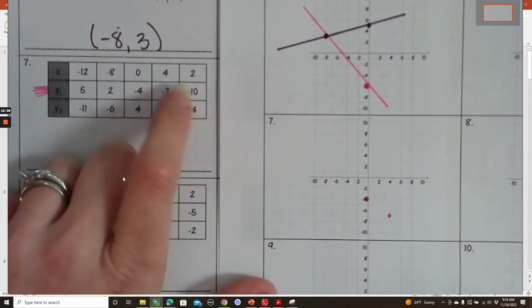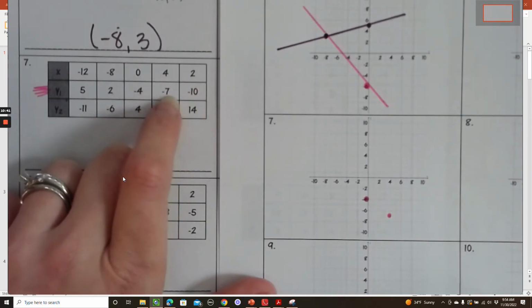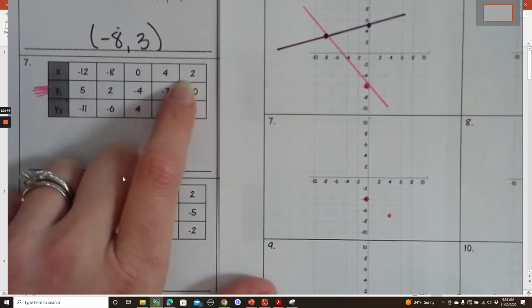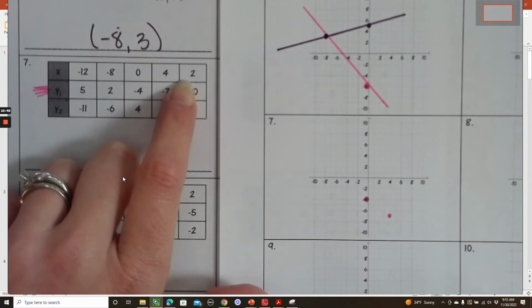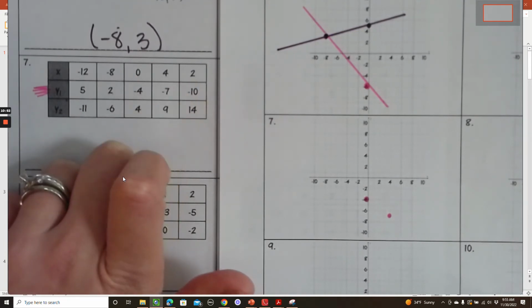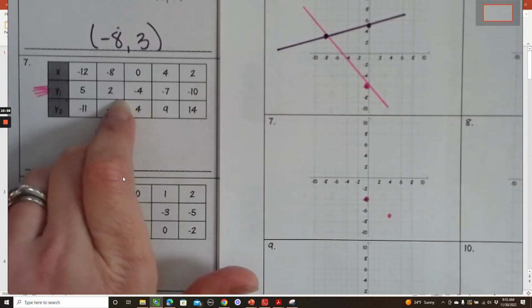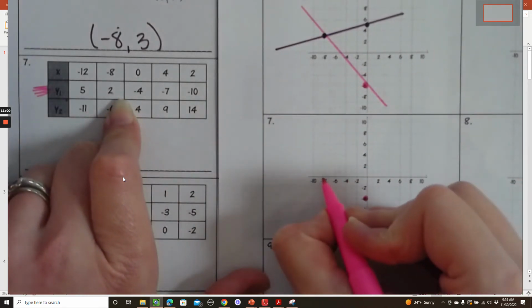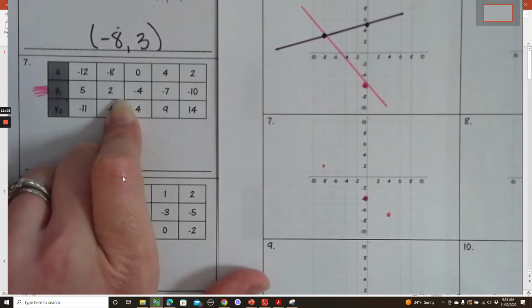And then, ooh, I don't think that should be a 2. I'm thinking that should be a 6. Let's look at this point. -8, +2. -8. I think I have a typo in there.